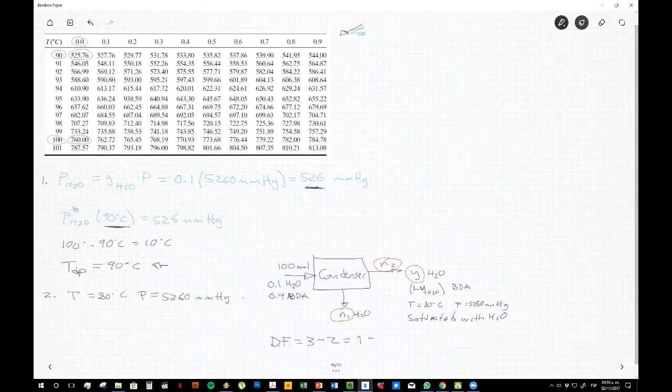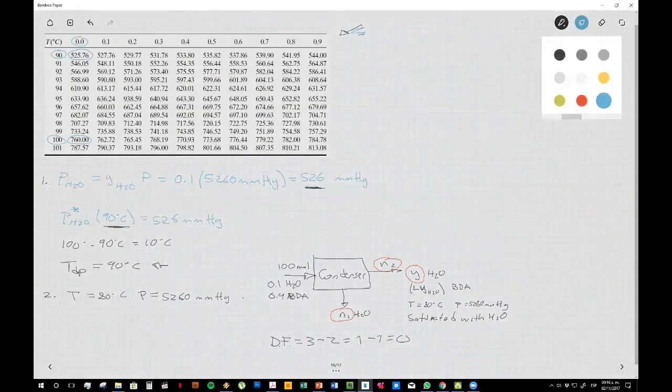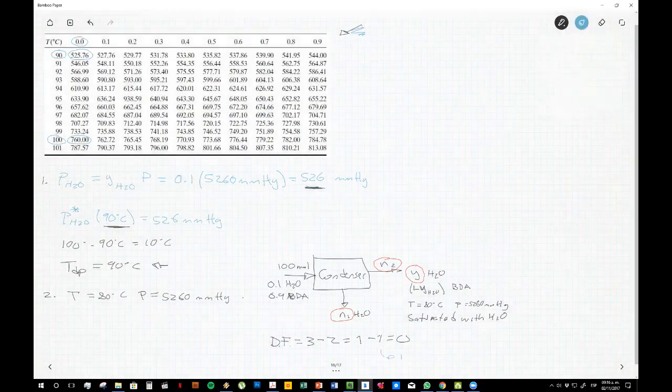Okay, so here I'm going to subtract another one because we have Raoult's law, and we have 0 degrees of freedom, right? So this one is from Raoult's law. So now we know that we can solve this problem. Okay, so awesome.